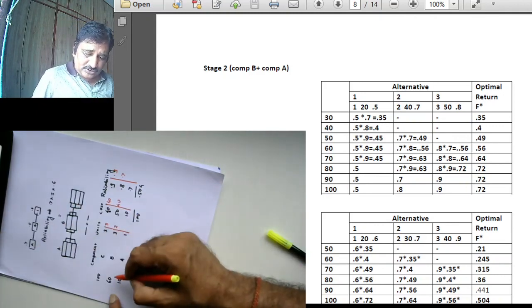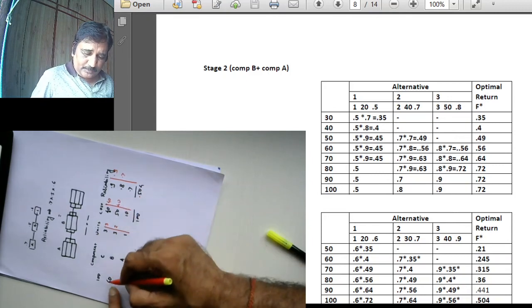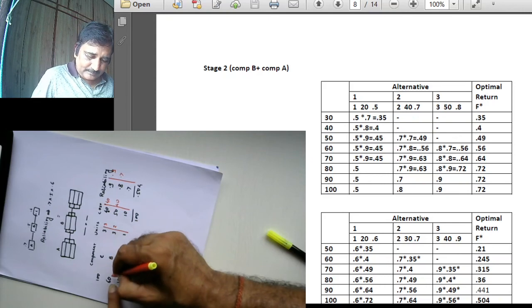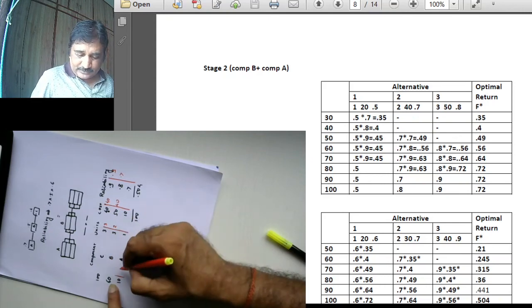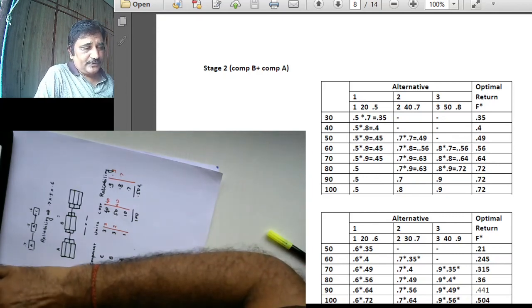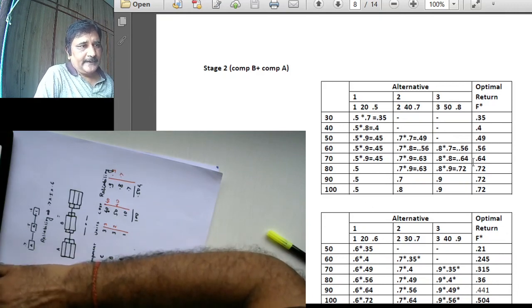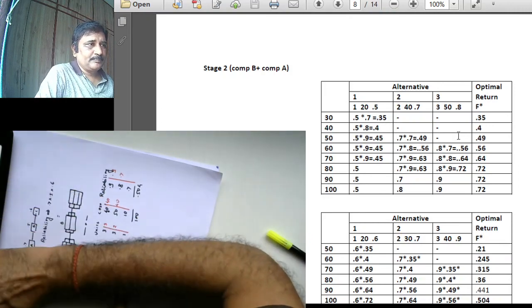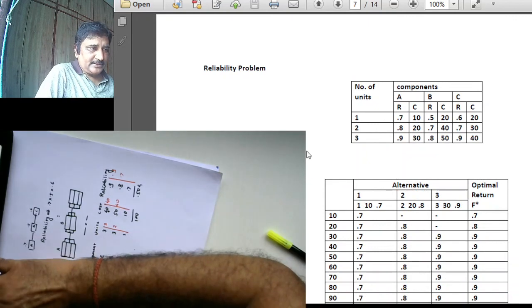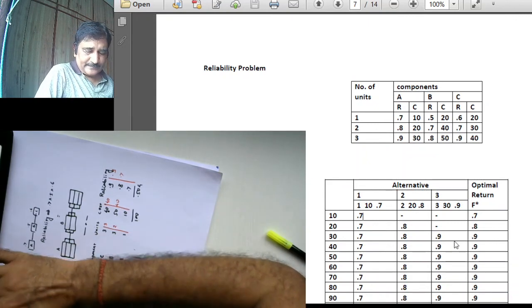And now after consuming 40 rupees from this 60 rupees, you are left with 20 rupees. Then you will come to the previous stage, and in that previous stage you find that for 20 rupees the optimum reliability is 0.8. All right.